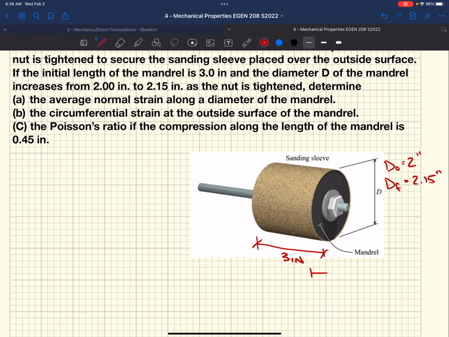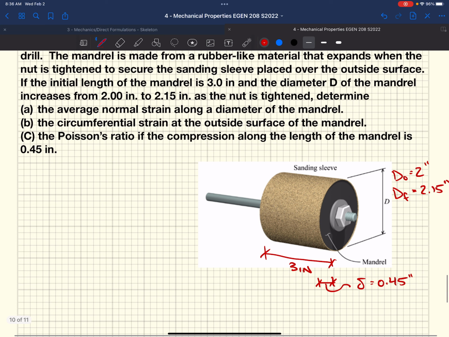Well, that means somebody decided to tighten that nut, and when they tightened that nut, they shortened this thing by 0.45 inches. Seems pretty excessive, right? If you had a 3-inch long mandrel, you're going to tighten that thing until it's squished up half an inch. It seems a lot, but we'll let that slide, I guess.